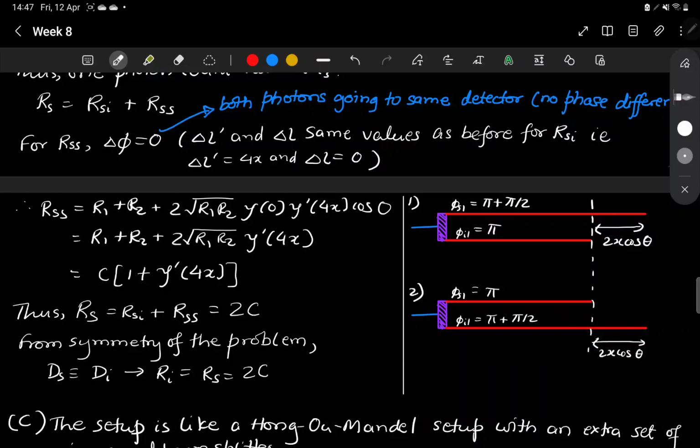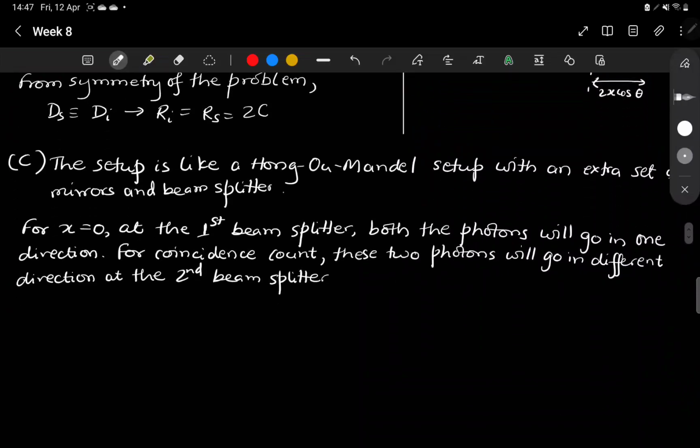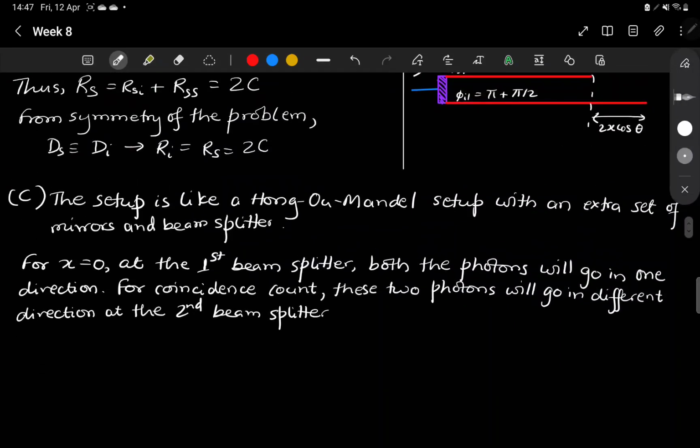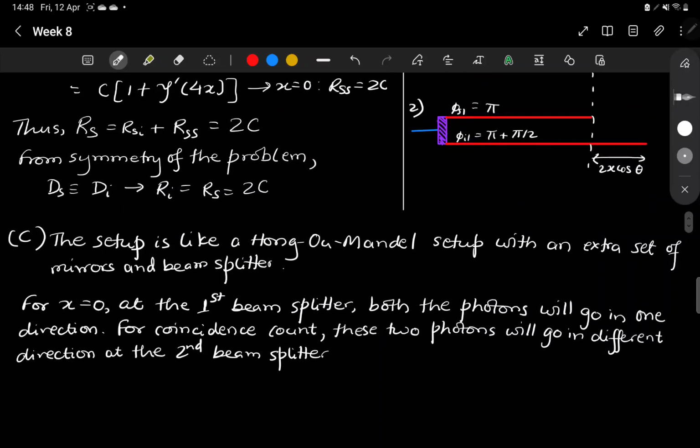Yeah, so RSS is 2c. That means both the photons are going to the same detector. So for x equal to 0 at the first beam splitter, both the photons will go in the same direction.